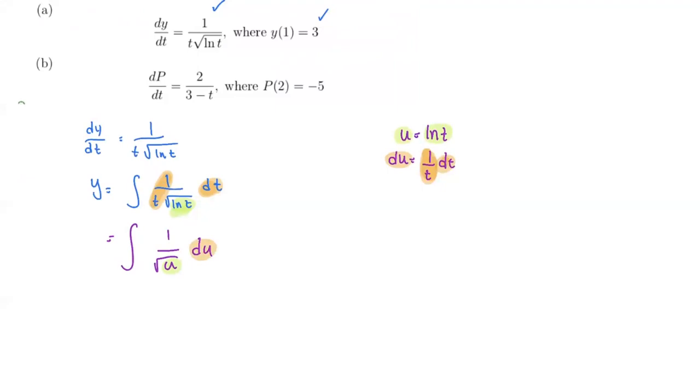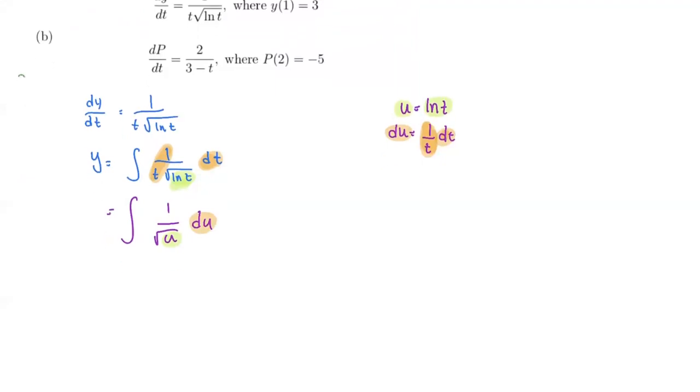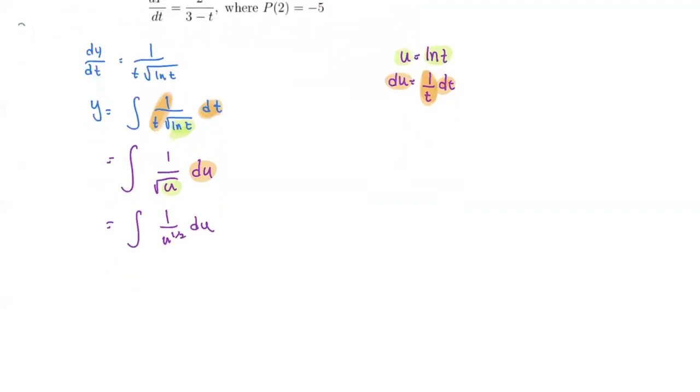And then I'm going to put a 1 in the numerator just to make sure we're okay. Now the next part is actually just algebra. This is 1 over u to the 1/2 du, but that is just the antiderivative of u to the negative 1/2 du.